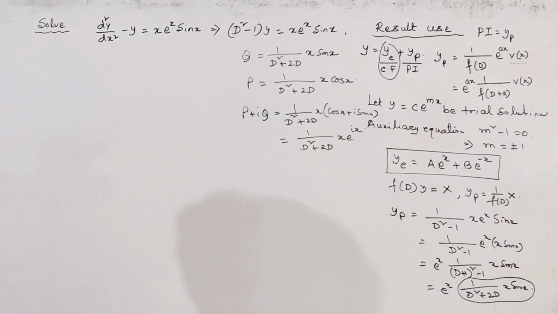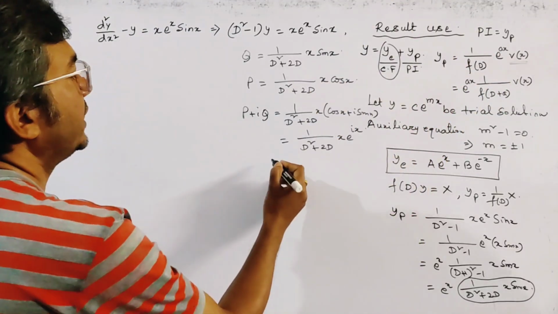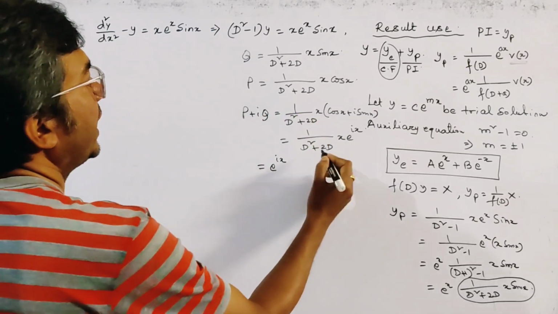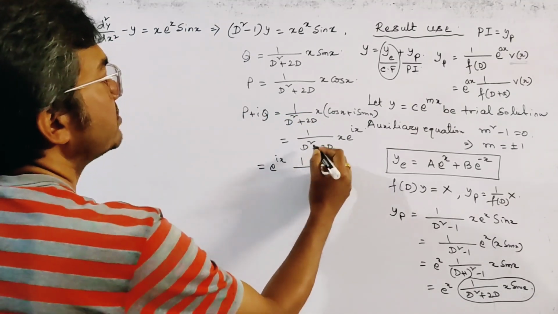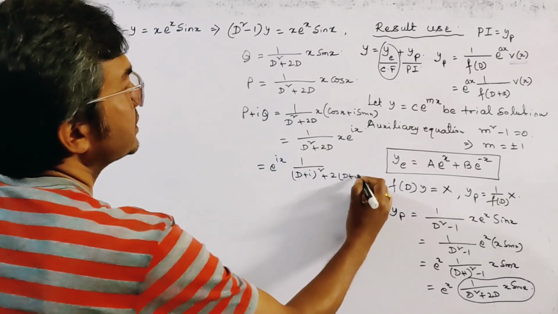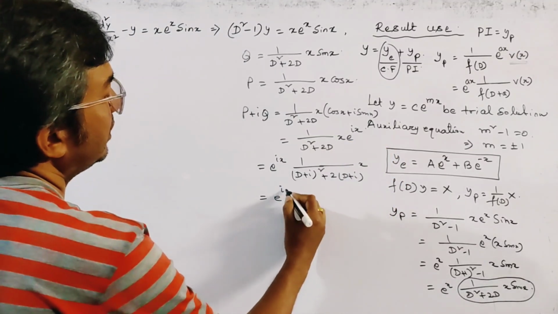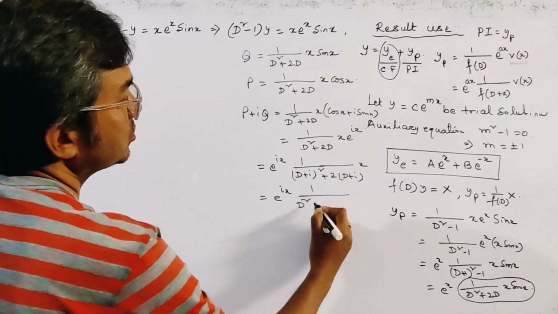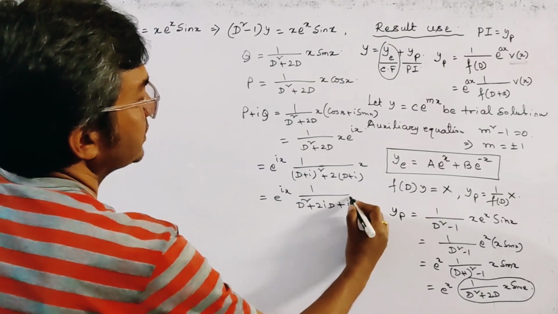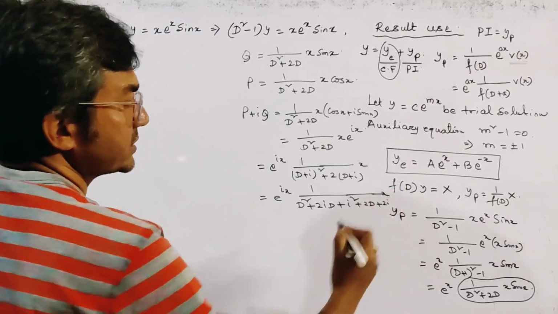Now again we use this method: we write e to the power ix on the left, and D becomes D plus i. So (D plus i) whole square plus 2 into (D plus i) into x. We get e to the power ix into 1 by D square plus 2iD plus i square plus 2D plus 2i into x.